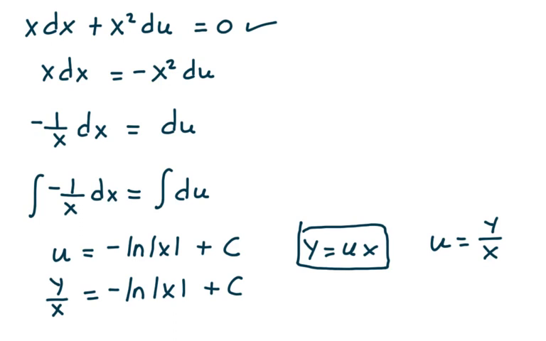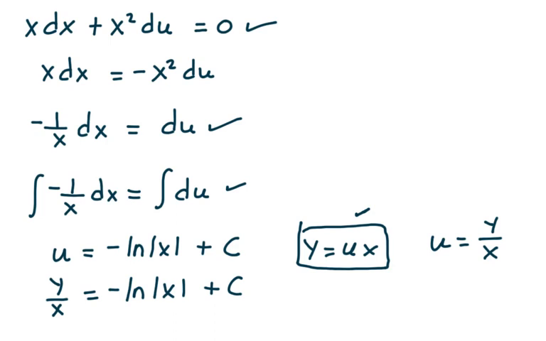Now, x dx is equal to negative x squared du. Dividing both sides by negative x squared, we get negative 1 over x dx is equal to du. Integrating both sides, we get the integral of negative 1 over x dx is equal to the integral of du. So u equals negative natural log of the absolute value of x plus c. But remember y equals u times x.